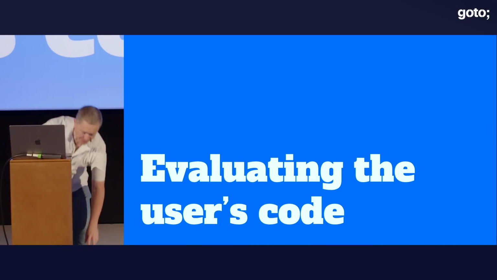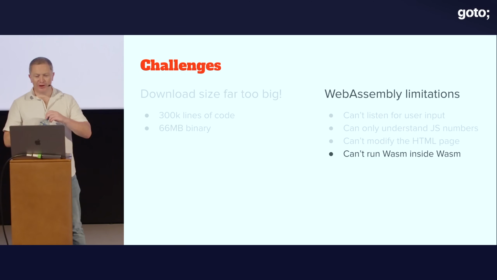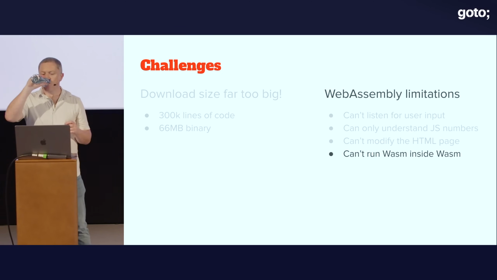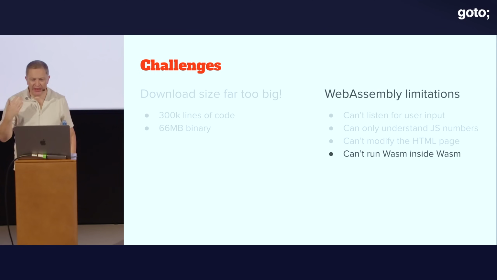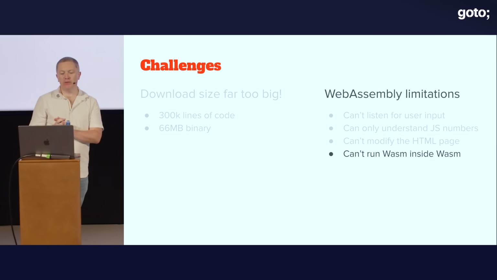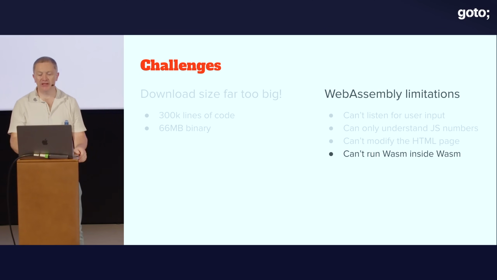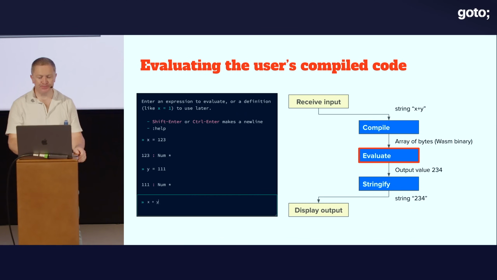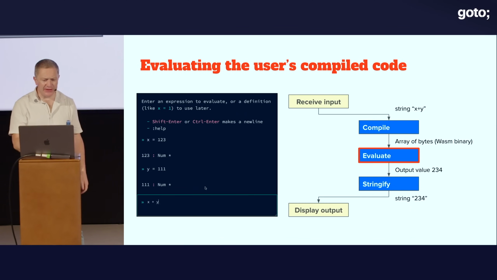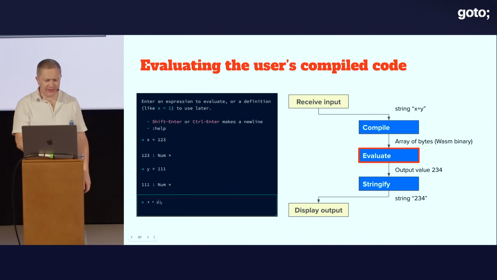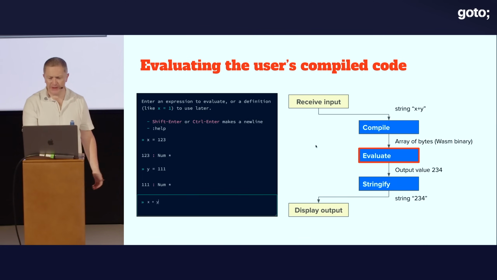Okay, so the trickier part is going to be evaluating the user's code. And again, we have a WebAssembly limitation that we need to deal with, which is that we can't actually run WebAssembly from inside other WebAssembly. But that's what we need to do. We need to take this x plus y and somehow run it.